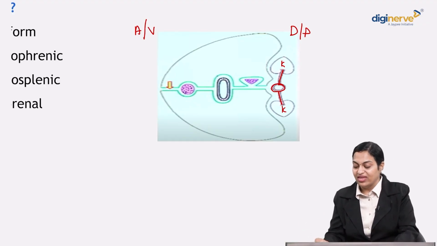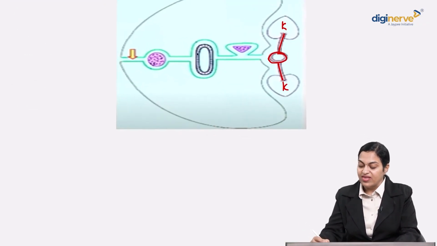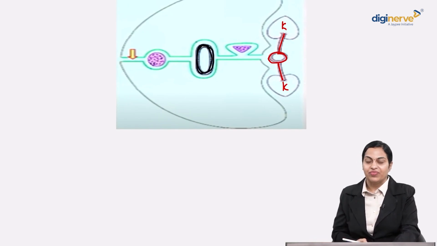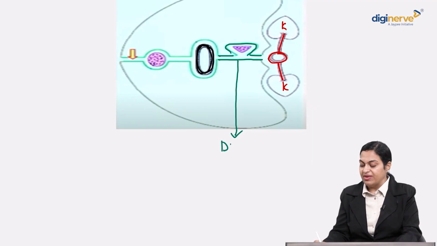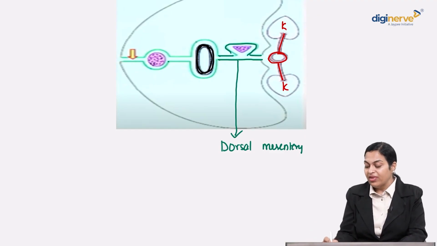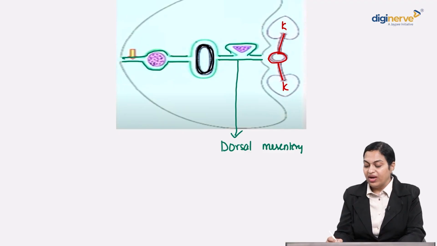And the second thing, this is the developing gut tube, right? This gut tube is attached to the dorsal body wall by means of the dorsal mesentery. And at the same time, it is anchored to the anterior abdominal wall by this ventral mesentery.